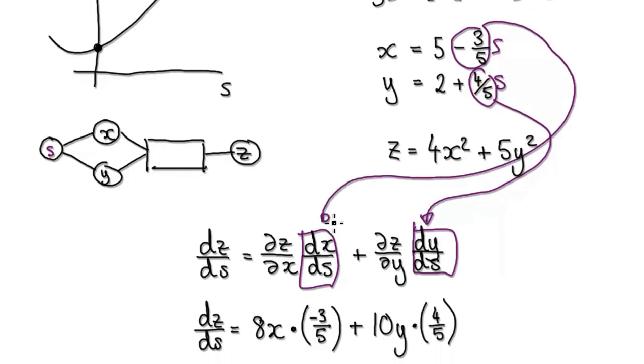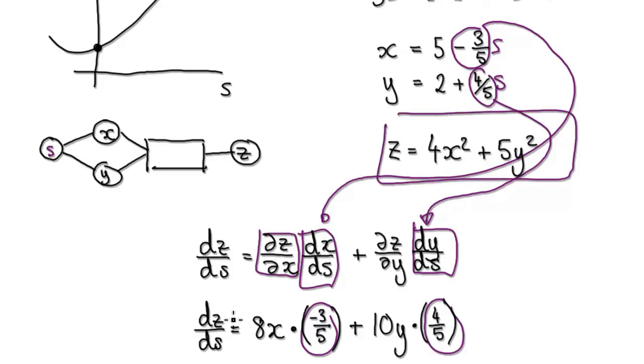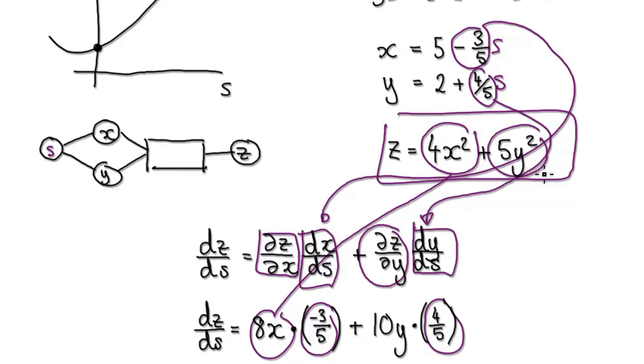So that's this bit here and this bit here, and then the partial derivative of z with respect to x. Well, this is our surface here, so partially differentiate it with respect to x. That would be 8x. Now partially differentiate it with respect to y. That would be 10y. That would then give you this.